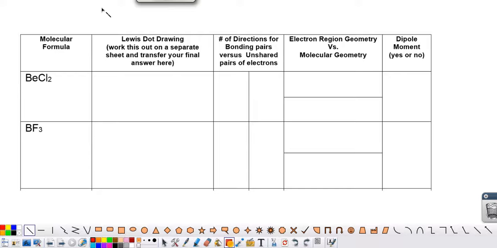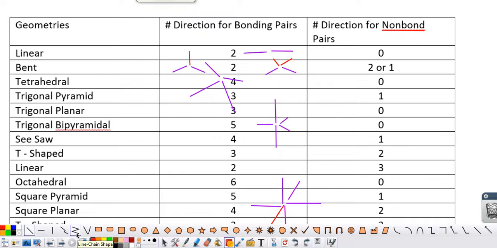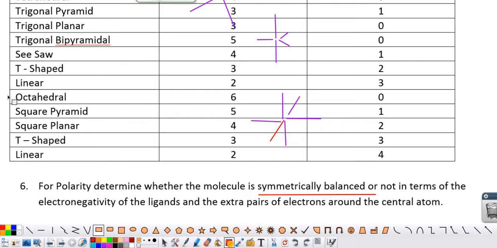And then electron region geometry versus molecular geometry. So let's go back a page, and I will explain that. Like a bunch of these, we'll talk about like the octahedrals. These guys here, octahedral, square pyramid, square planar, T-shaped, linear, they're all 3 and 3 is 6, 4 and 2 is 6, 5 and 1 is 6, 6 and 0 is 6.